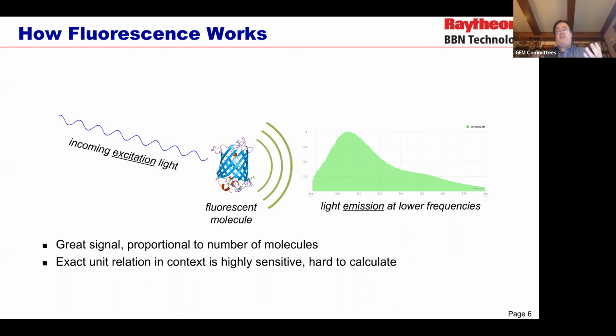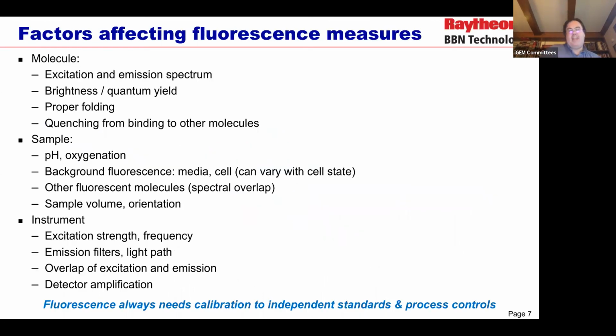In order to figure out how the signal you get relates to the number of fluorescent molecules, we basically always will need to calibrate our measurements. Let me say a little bit more about why that is. There's a lot of different factors that affect the fluorescence measurements that we make. The particular molecule that we use affects it.